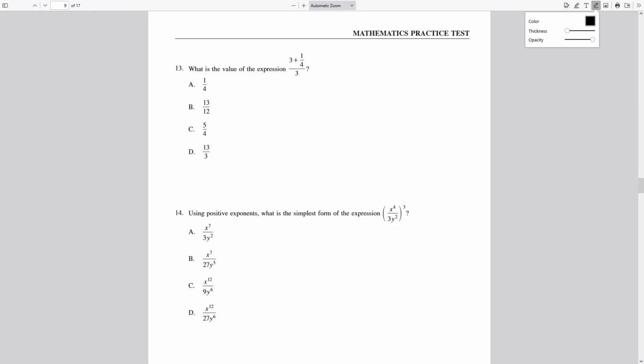Okay, so it's actually 3 to the third plus 1/4 to the third. Yes, it is. So it's 1 plus 4 to the third. Which I think is 1 to the 12?